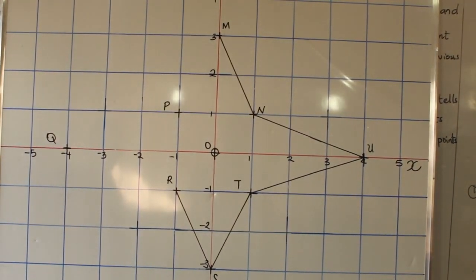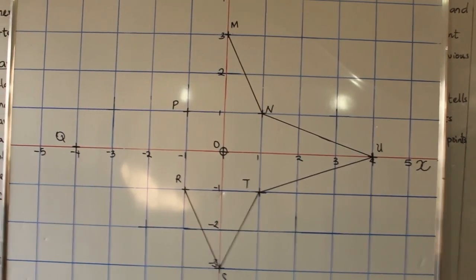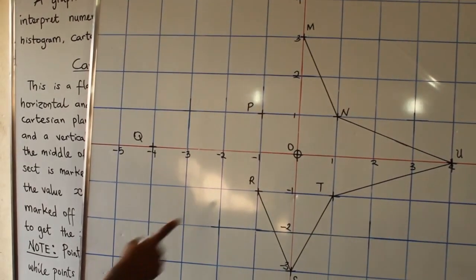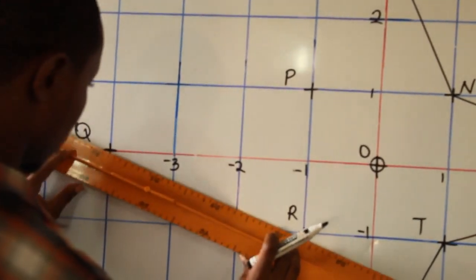The next is to join from point R to Q. This is R, this is Q. Joining with a straight line.